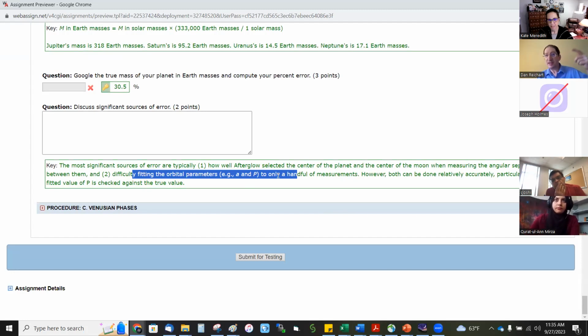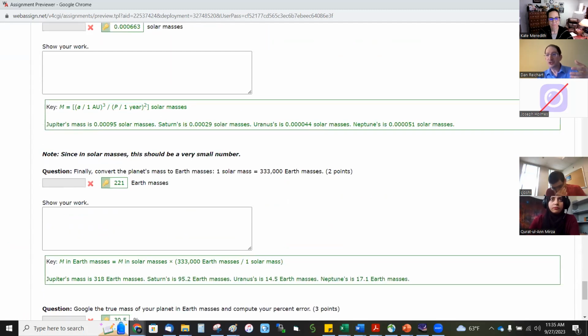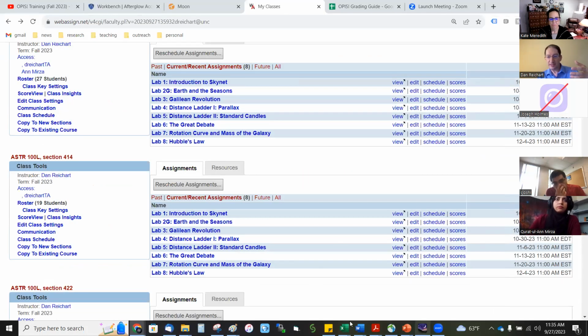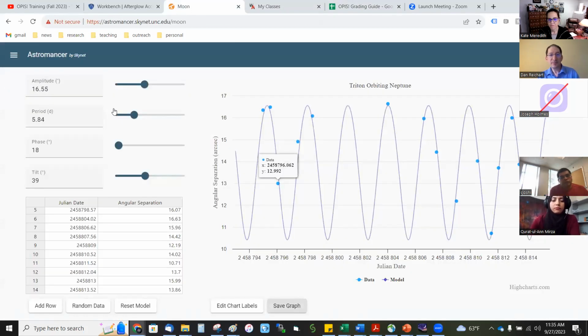I can't remember if I said it, but if they only have a few measurements, we actually encourage them to check their period. Let me just show that real quick. Back to the interface here. You can get, what's that? So 2.9.